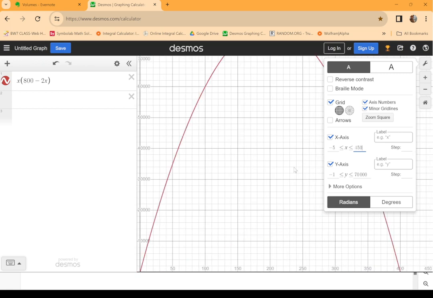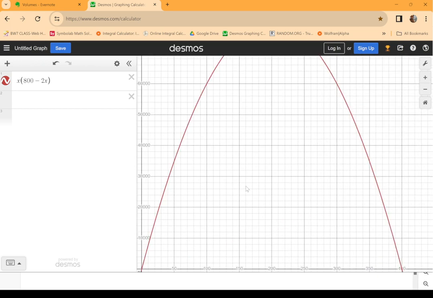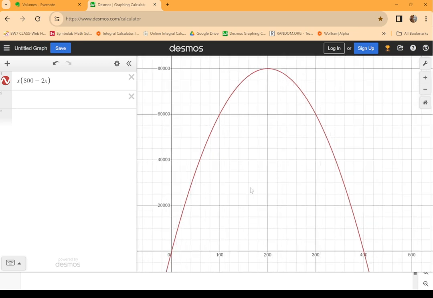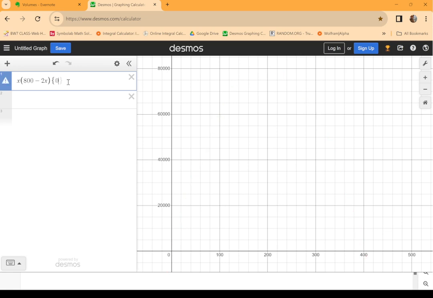I'm just adjusting the window so we get the gist of it. So again, ignore all negative values since it doesn't make sense to have a negative length. So here, x is greater than 0 and less than 400. This is essentially my working domain for the function.